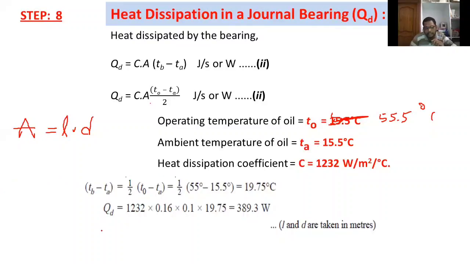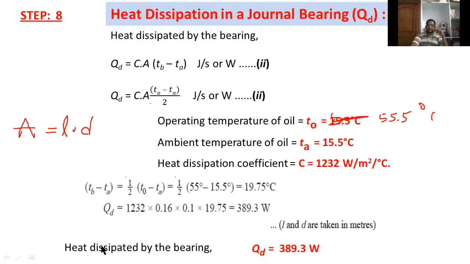The final answer for the amount of heat dissipated equals 389.3 watts. Now from step number 7 and step number 8, we got the value of the amount of heat generated and the amount of heat dissipated.